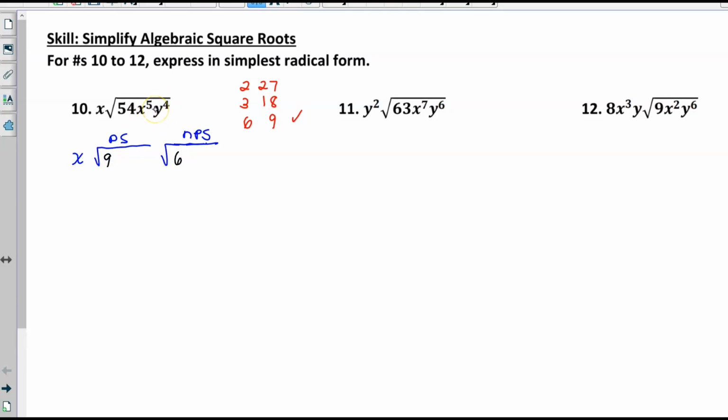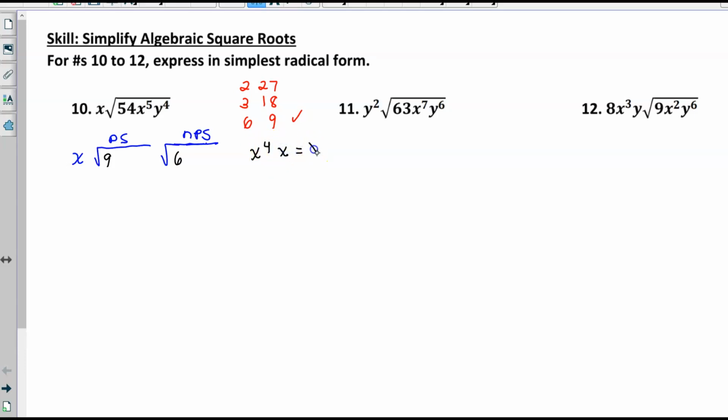to the 5th. Variables are perfect squares if the exponent is even, and we know that x to the 5th has an exponent of 5, an odd number. But I can break x to the 5th into x to the 4th, that would be the highest exponent, and x.